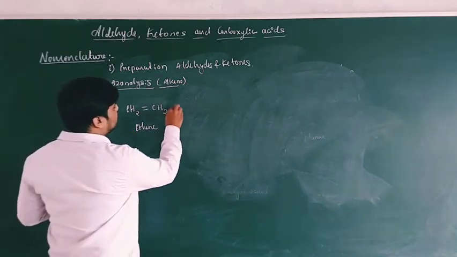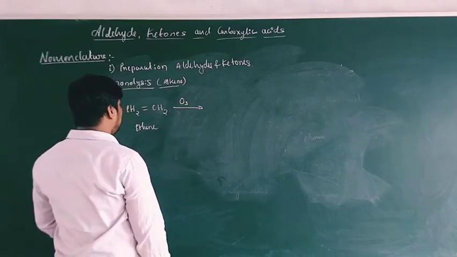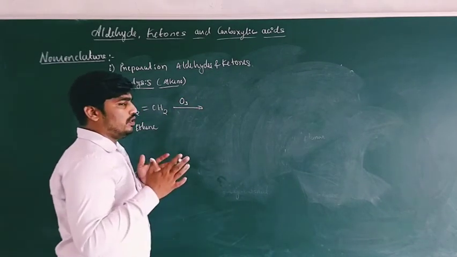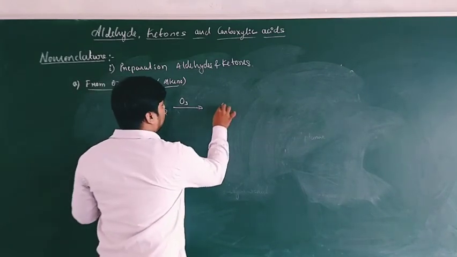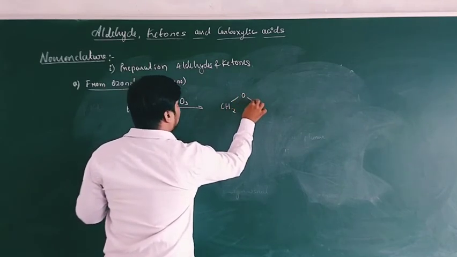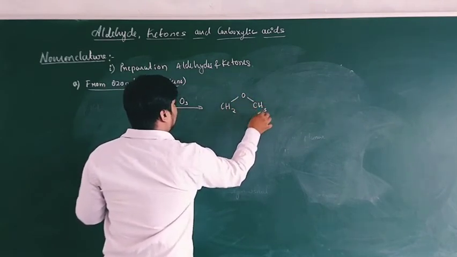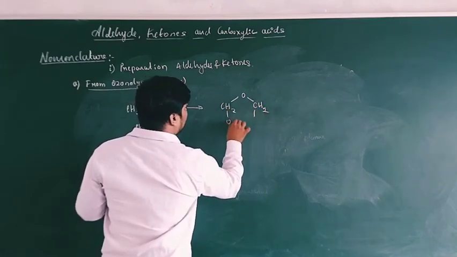When an alkene is subjected to ozonolysis, first there is a formation of ozonoids. Ozone leads to formation of ozonoid by breaking both the pi and sigma bonds.